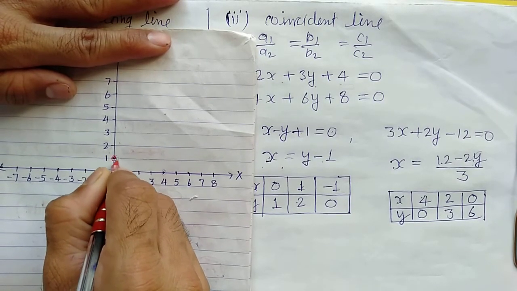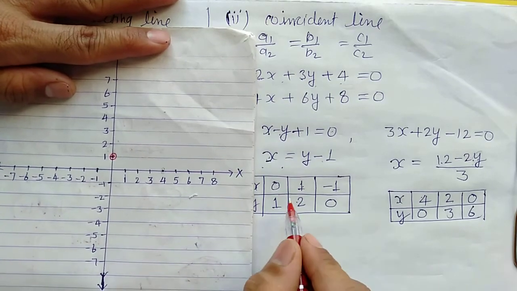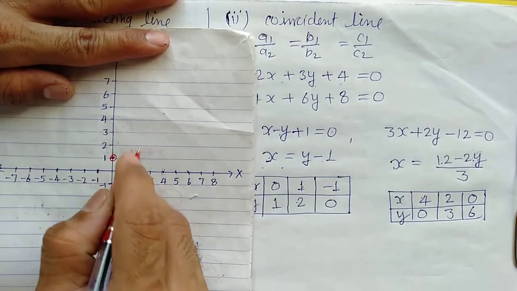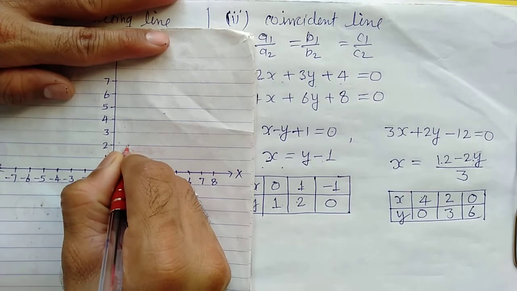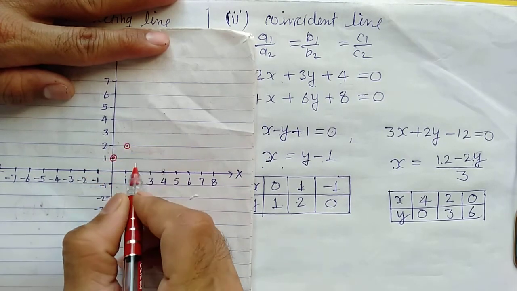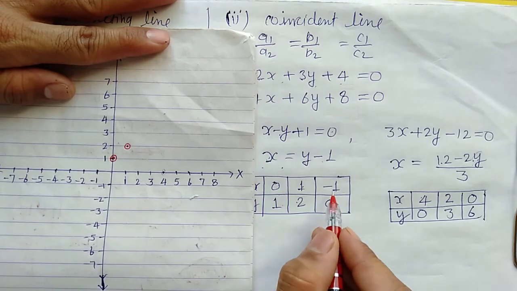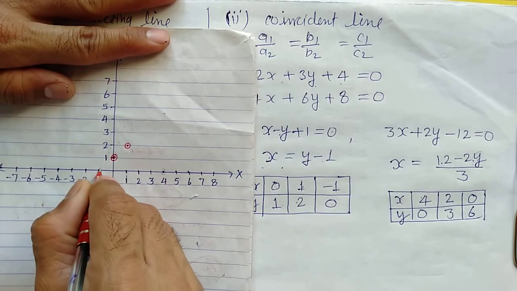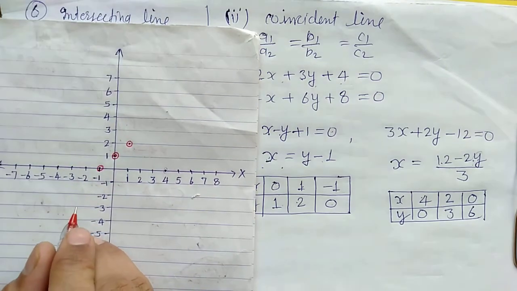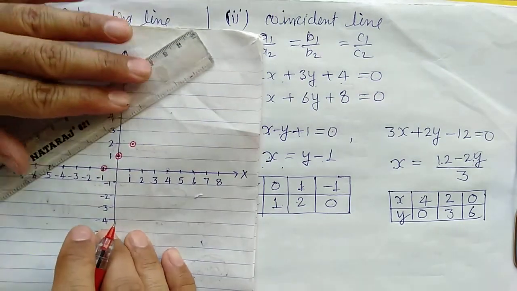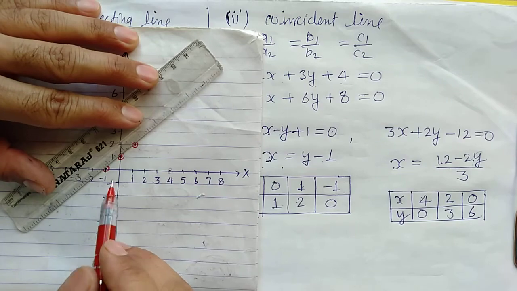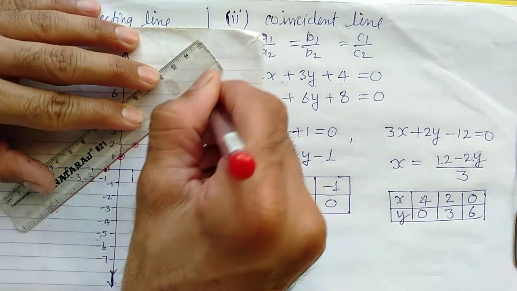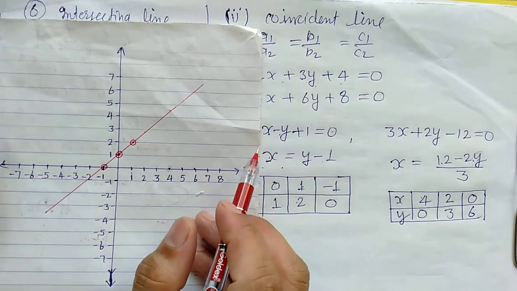So this is the first point. For the second one, x is 1 and y is 2. So we will put it here. Visible? Minus 1 and 0. This is minus 1 and y is 0. This is here. It means the graph will be in this form. This is the graph of this first line.